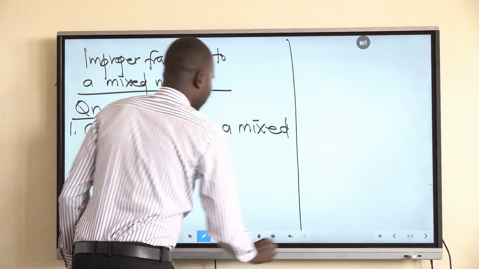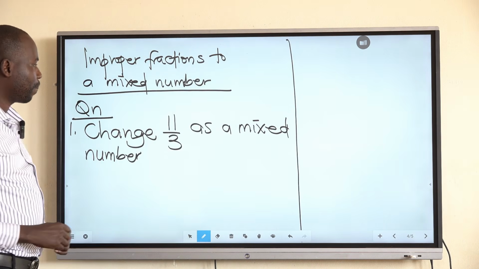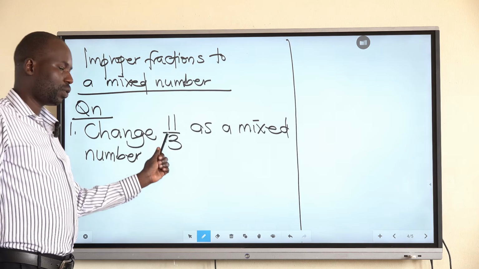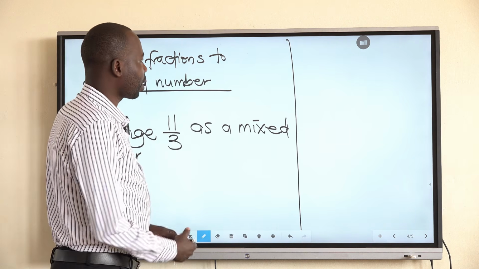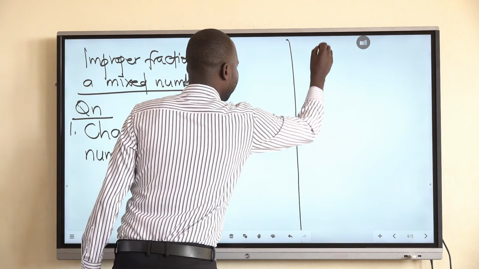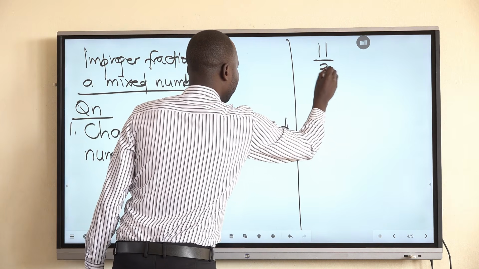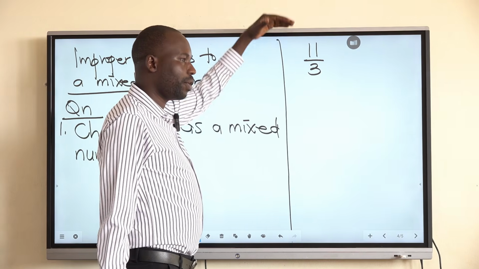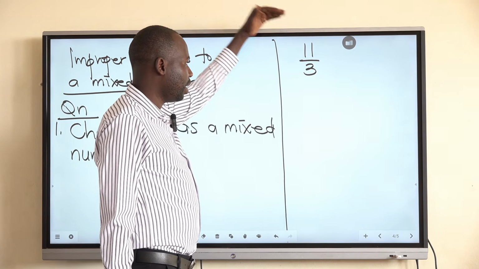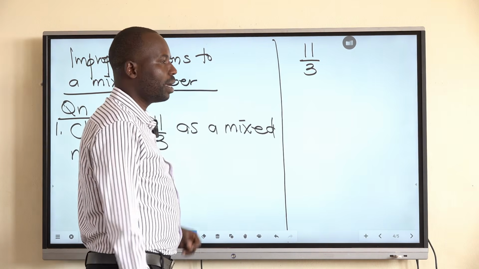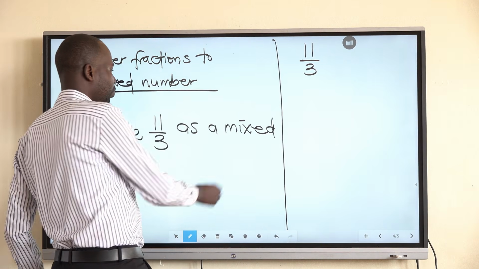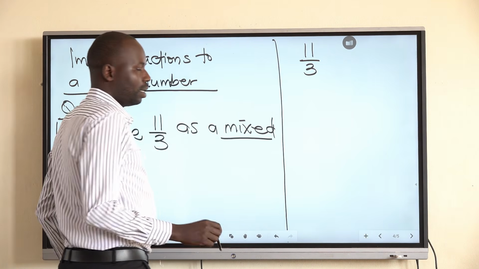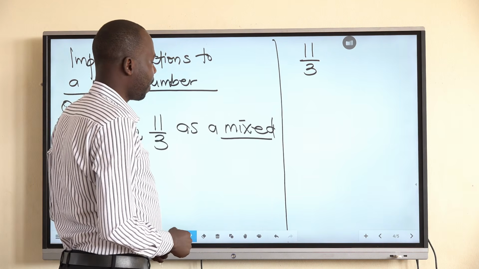We are going to show the working here, and we see how to handle this number. The fraction given is 11 out of 3. This is an improper fraction. The numerator, which is the upper number, is bigger than the denominator. How do we change it to a mixed number? It is very simple.